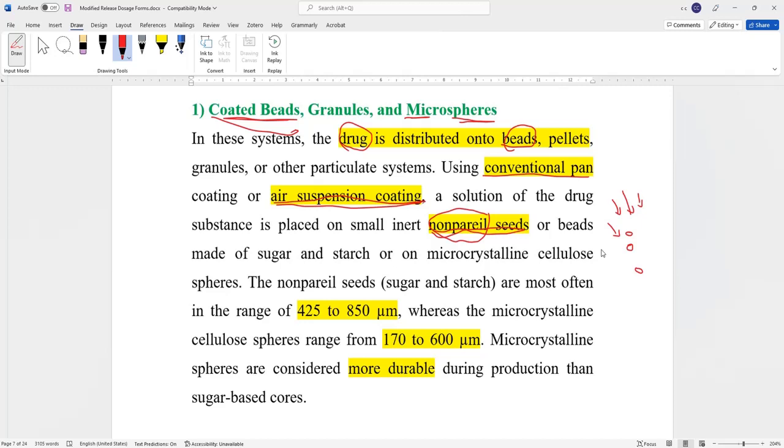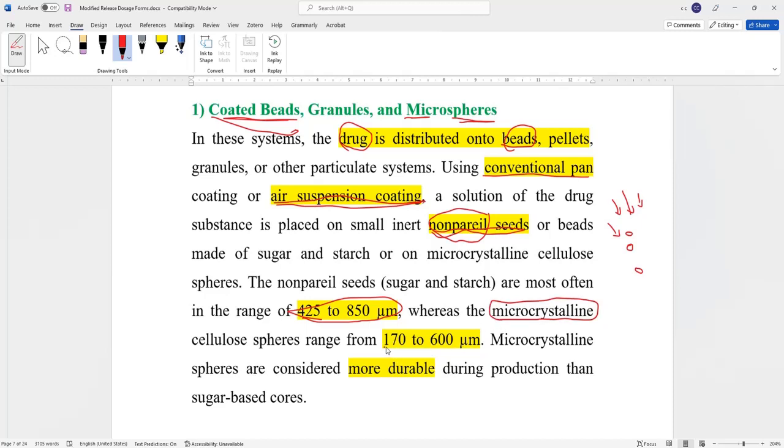and it will cause them to release the drug in a specific way. Now the coated nonpareil seeds will be in the size of 425 micrometer to 850 micrometer, which means less than one millimeter. And the other way, instead of coating the sugar and starch, we can coat the microcrystalline cellulose, and this one is preferable.